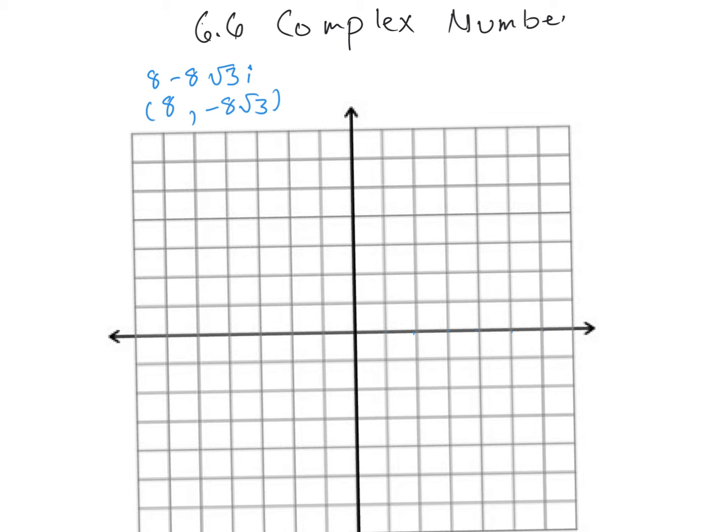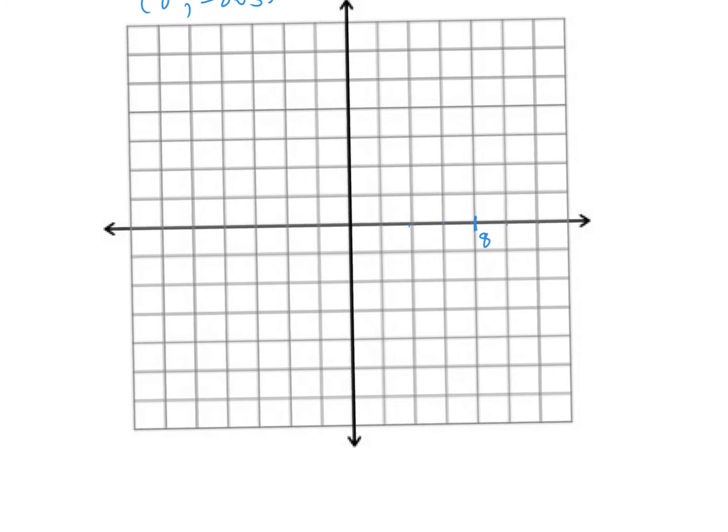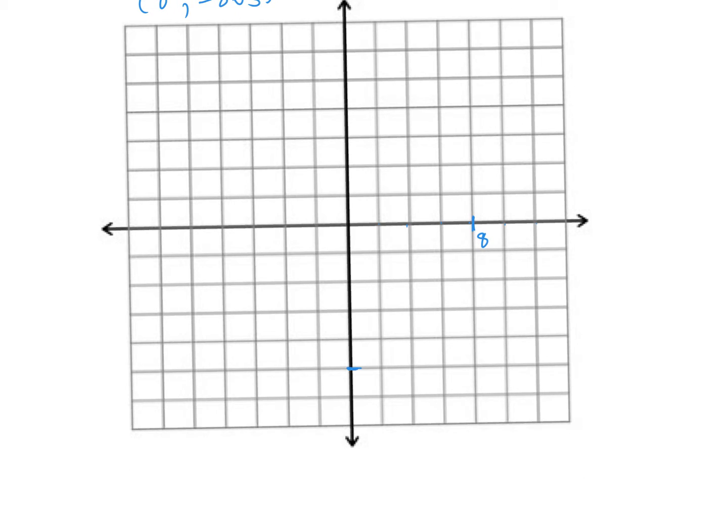We'll say this is 8 here. And 8 root 3 is a little bit longer, so we'll say it's somewhere down here. So this is our point, 8 comma negative 8 root 3.